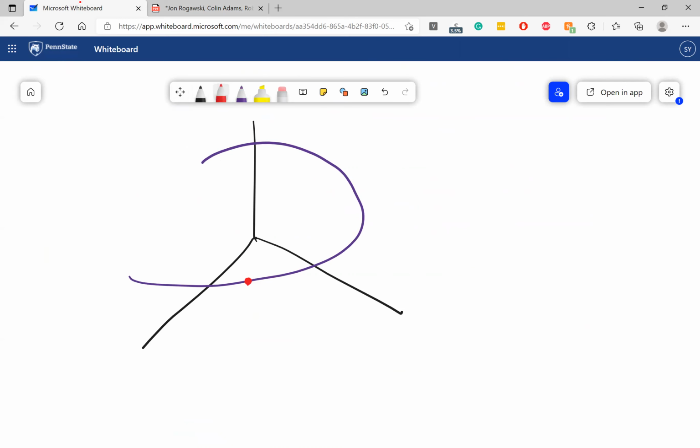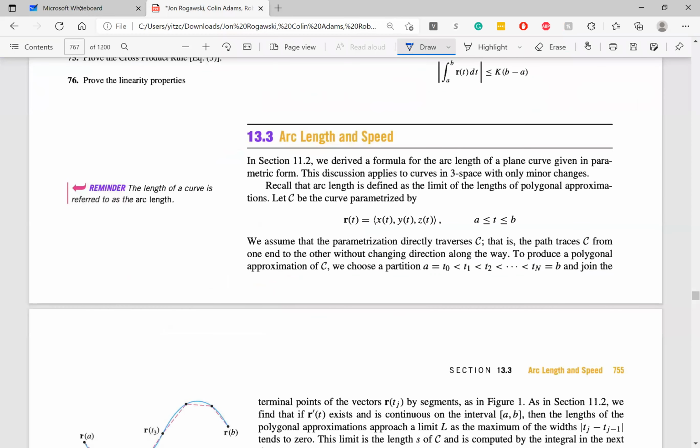Let's say this is the point A. Go to another point B and find what this length is from here to here. So what's the length from A to B of your curve? Okay, and that's called the arc length of your curve.